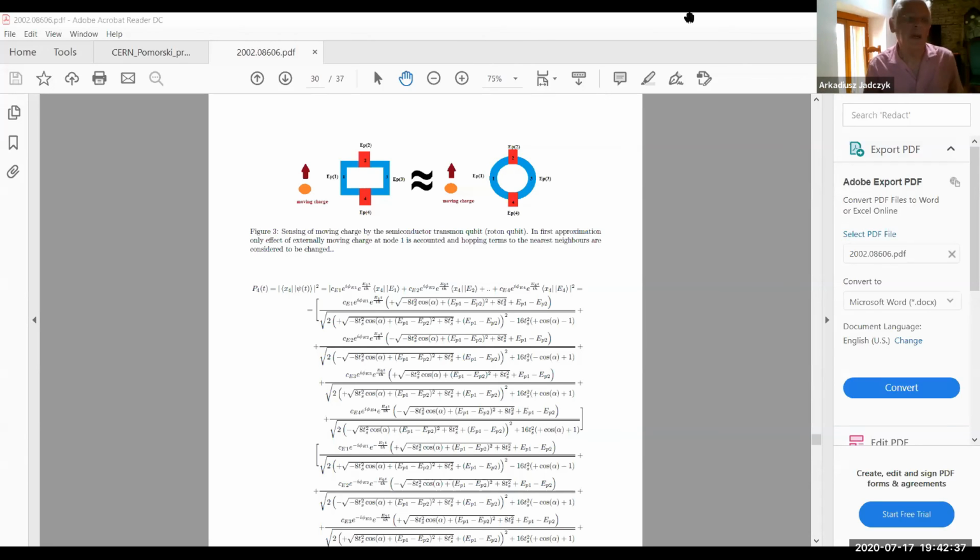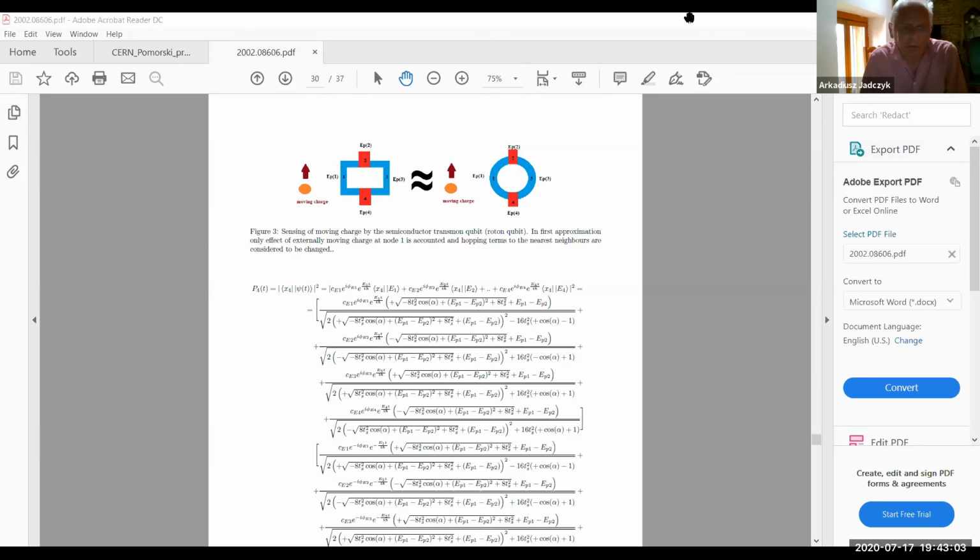From what I was doing, years ago, it was a better theory than the very primitive theory that was used by people doing experiments.